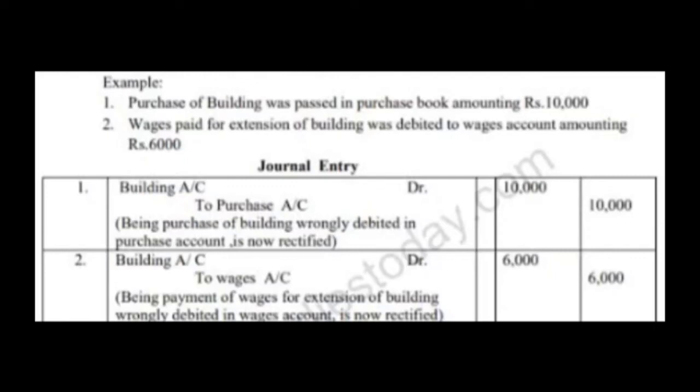So all you have to do is to reduce the wages account, and for reducing the wages expense account, you have to credit the expense account. So the wages account shall be credited, and it is a capital expenditure. It should be recorded by the name of the asset. So the building account shall be debited.